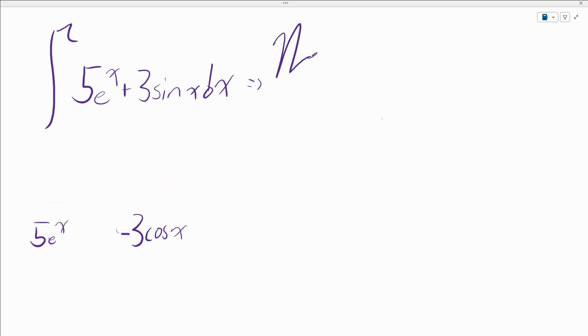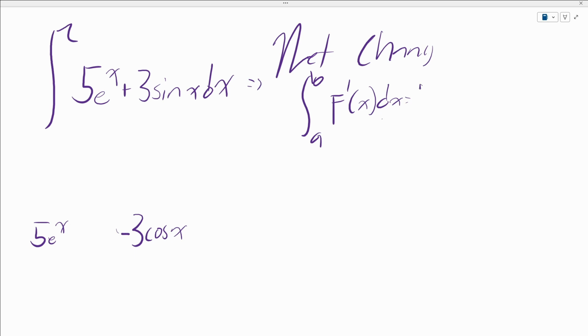So if we use the net change theorem, which is, again, integral going from a to b of our rate of change function is equal to the function's integral at b minus a. So now we could just follow this pattern. So for our example, our b value is going to be our pi, and our a value is going to be our 0.